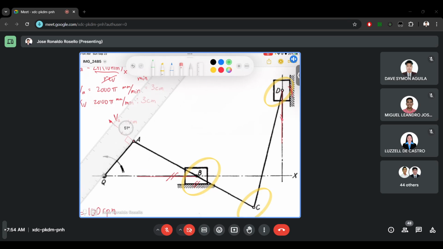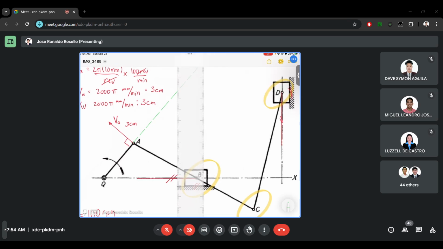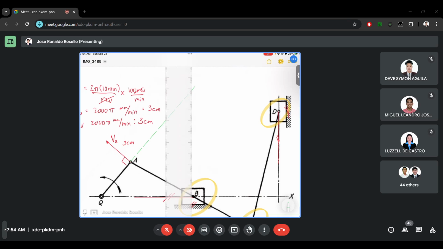So let's make a perpendicular line to this vector VA. I'll just use a broken line to denote this one. Then, since the direction of velocity B is also given, we can make a reference line here.